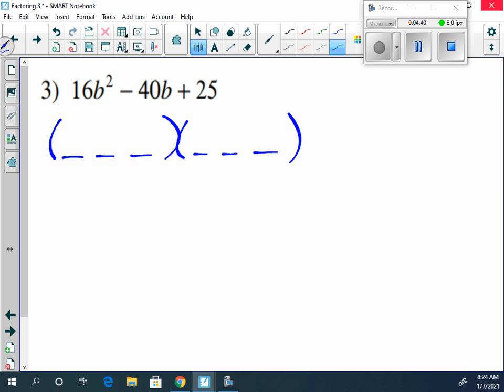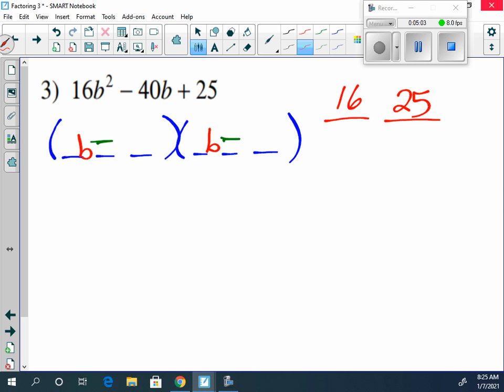Now, because the 25, the third term, is positive, the signs are the same and they match the sign of the middle term, which is going to be negative and negative. Now we need to find the factors of 16 and the factors of 25.